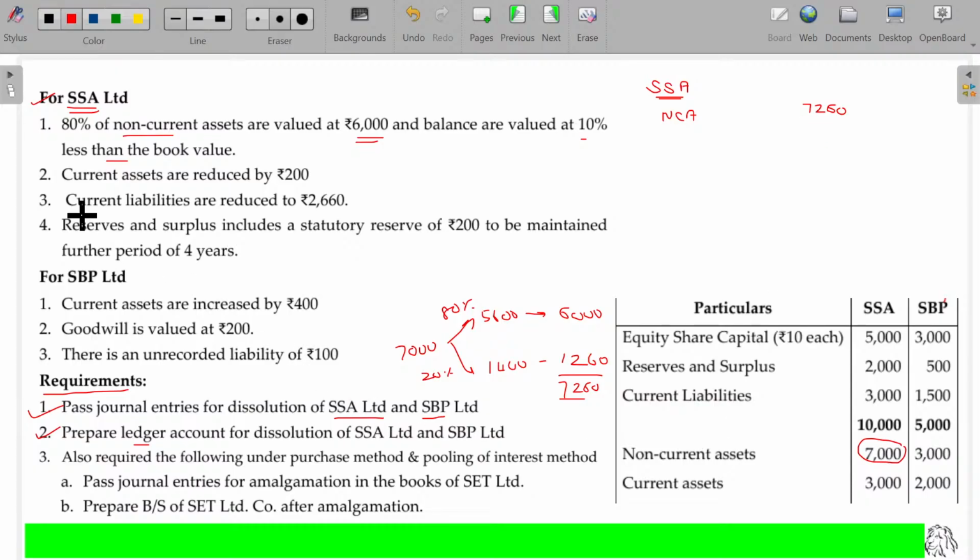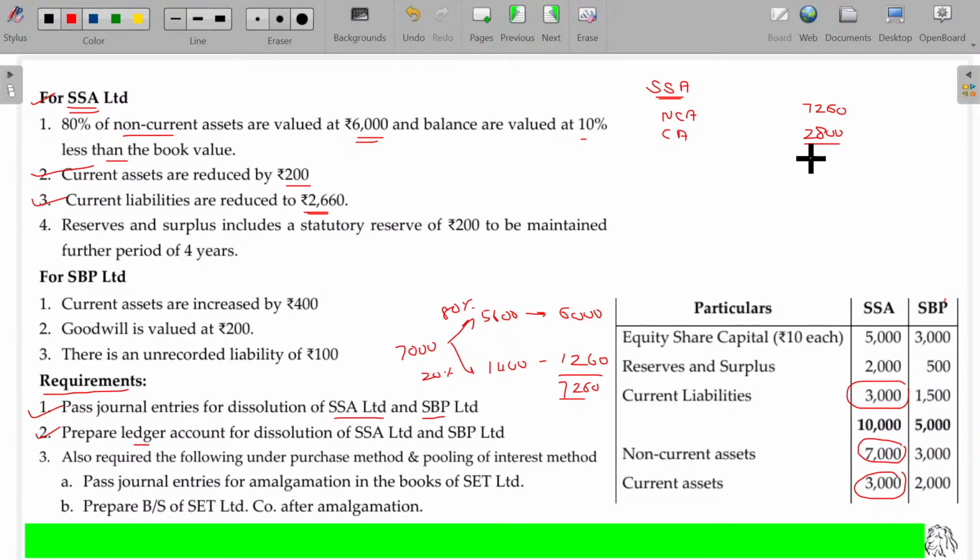Clear. Current assets are reduced by 200. So 3,000 reduced by 200, now it is only 2,800. Current liabilities are reduced to 2,660. Right.